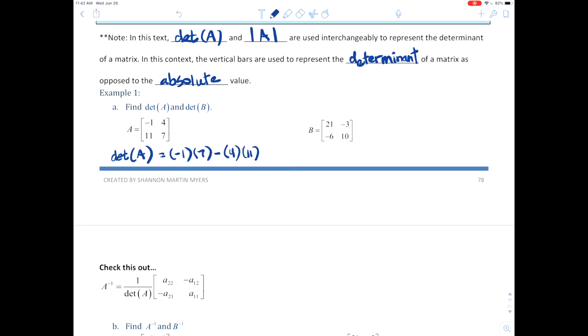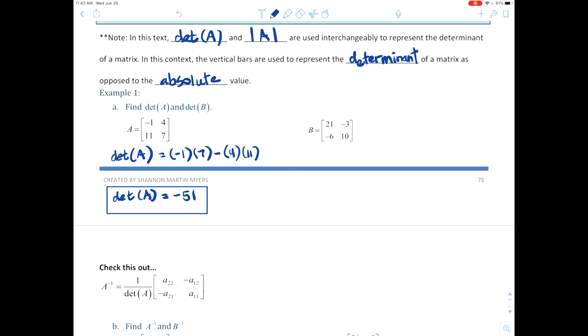Cool? And so what will we get for the determinant of A? -7 minus 44, which will be -51. Good? All right, go ahead and try the next one and see how you do. Why don't you pause the movie and try the next one and see how it goes.